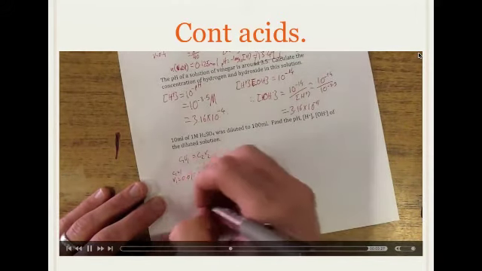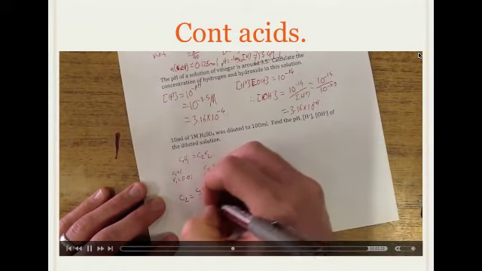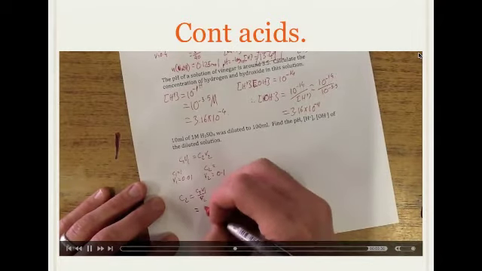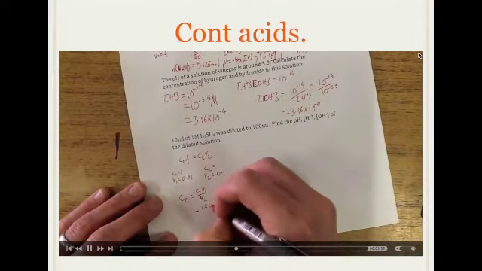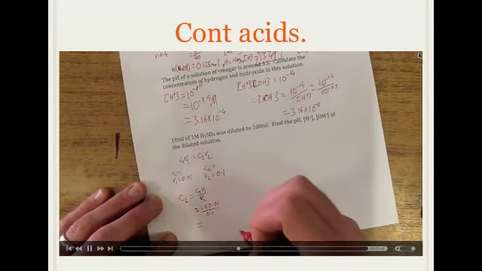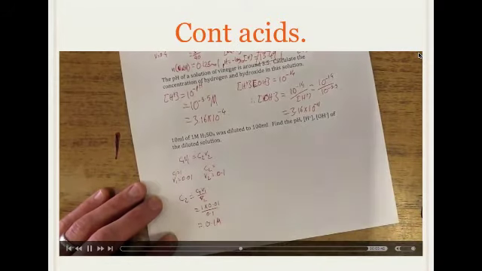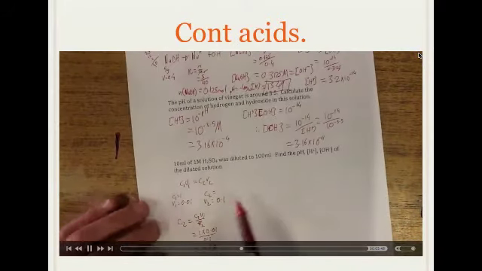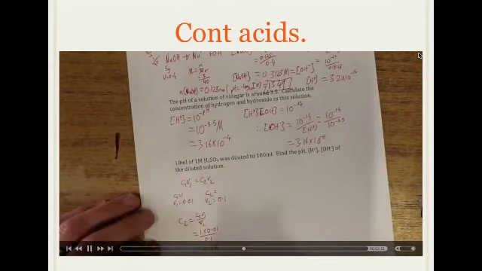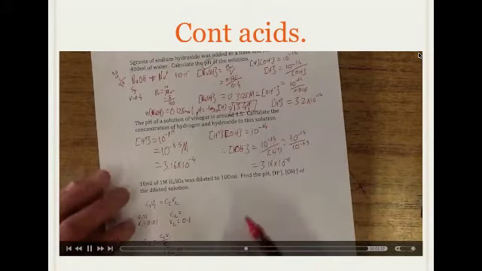We bang this in and we get C2 equal to C1V1 over V2, and we work out that it's going to come to 1 times 0.01 divided by 0.1 equals, what's it equal? 0.1 molar. And we know that as well. We just look at it and we see that it's diluted by a factor of 10, so therefore it's going to be diluted by a factor of 10. You can cut that out if you understand how dilutions work.